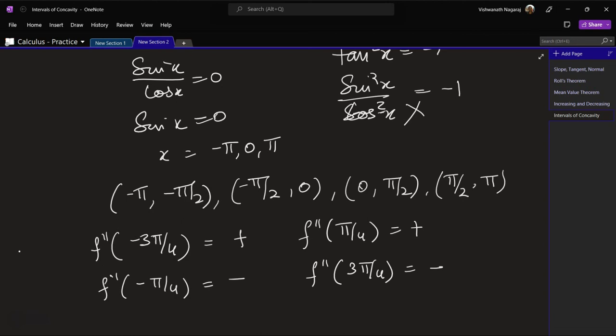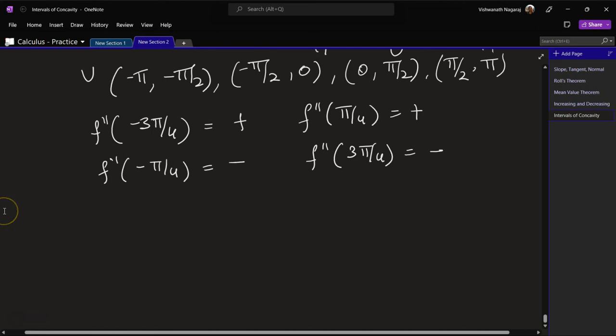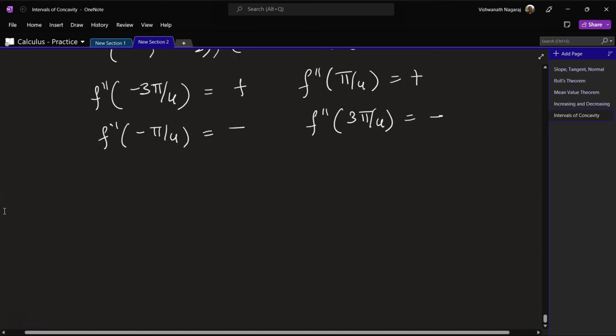So which means this is going to be concave up, concave down, concave up, and concave down. So that is intervals of concavity.